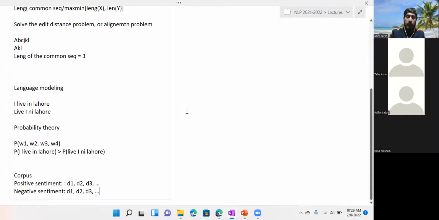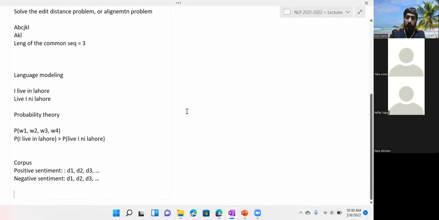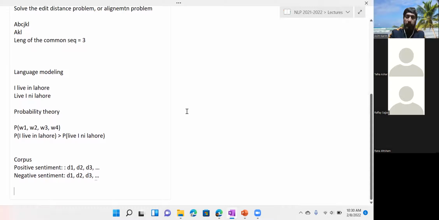So if you learn the language of the positive documents and you learn the language of the negative documents, then you have what is called a conditional language model. So you will have something like the probability of, let's say I have a new sentence W1, W2, W3, given positive, and I will also be able to compute W1, W2, W3 given negative.